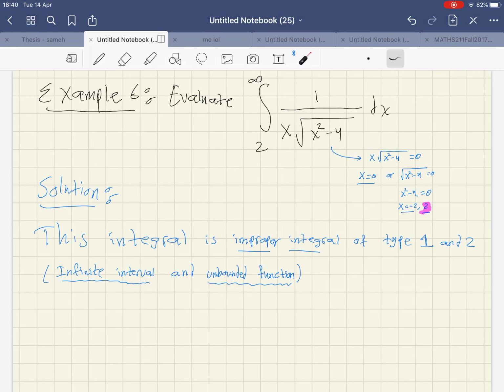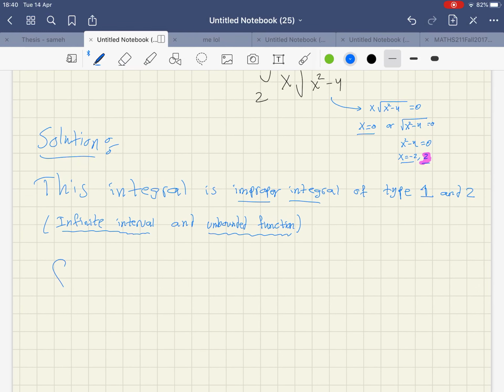If you remember, if we have any improper integral with more than one problem, then we need to separate it up. So what we are going to do is this one, from 2 to infinity, of 1 over x square root of x squared minus 4 dx, equal to, okay, and we need to separate this one.